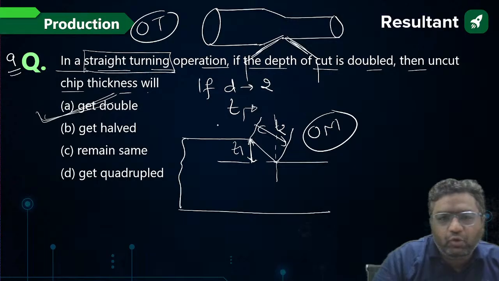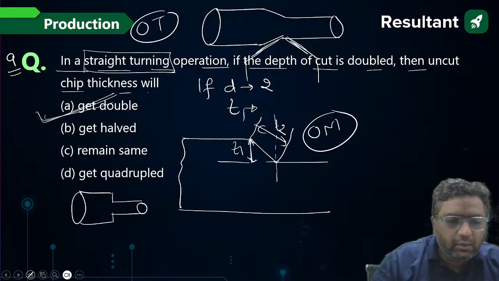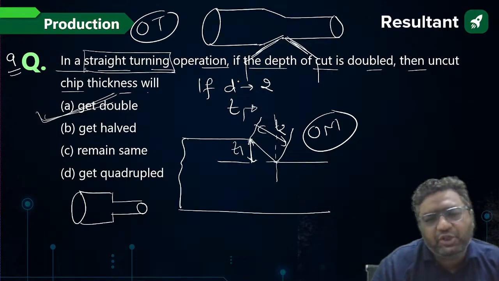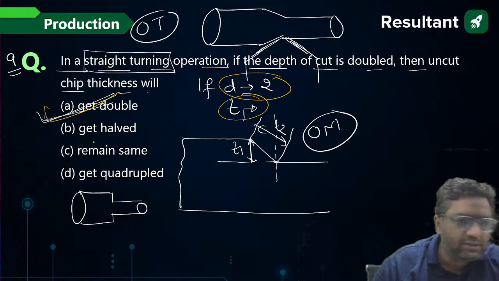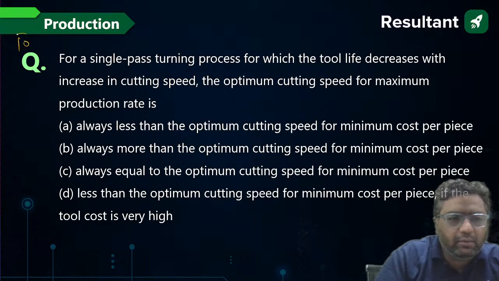So if it will be orthogonal, you know, it will be like this. So if you remember, it will be having a relation in such a way that if D is becoming 2 times, T will also become double. Answer is A for this. Moving to question number 10. Try to solve this, guys.